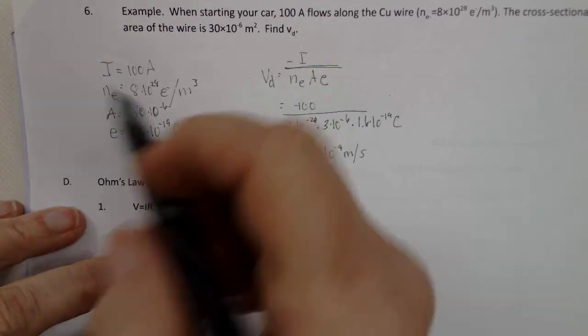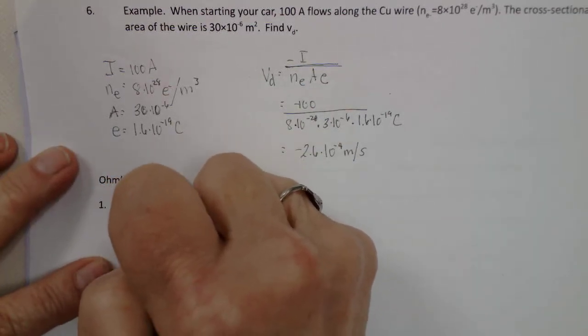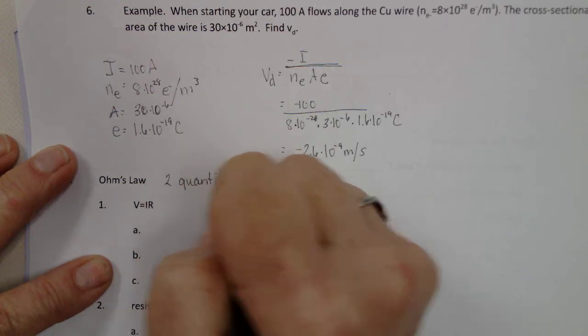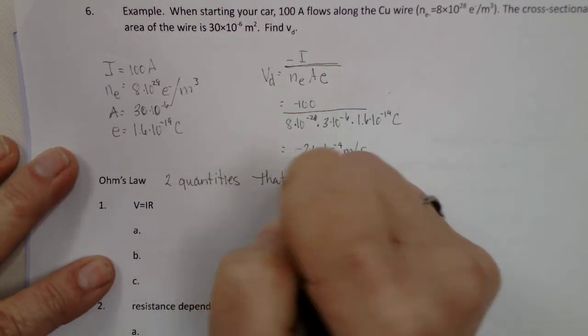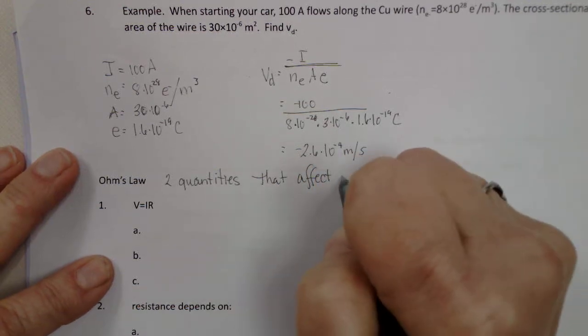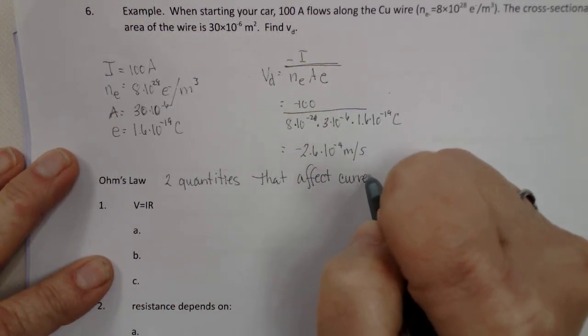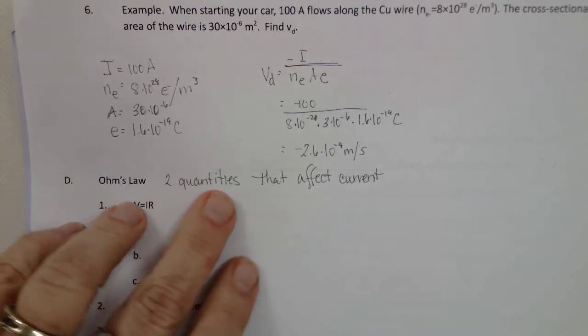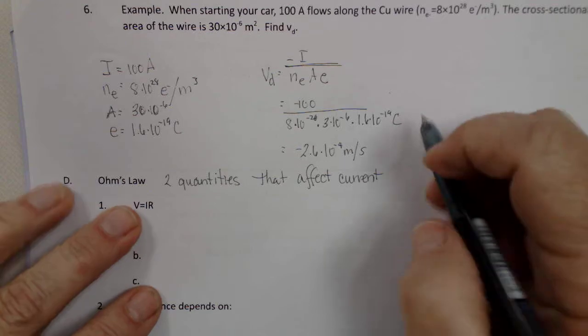So the two quantities that affect current in a circuit. Remember, current is the number of electrons that pass through a given point in a given amount of time.